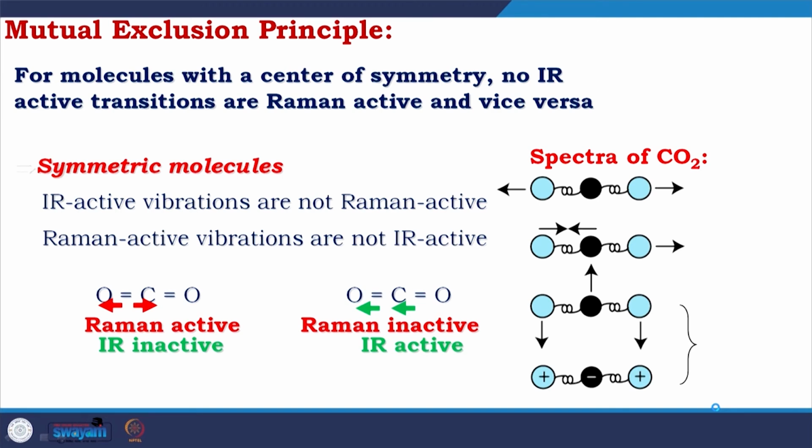If we look at the spectra of carbon dioxide, when it goes in the two directions, you get a Raman band at 1335 centimeter inverse, and in the head to head direction, you get IR at 2349 centimeter inverse. When it moves up and down, you get IR at 667 centimeter inverse.